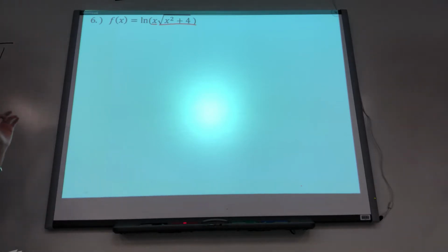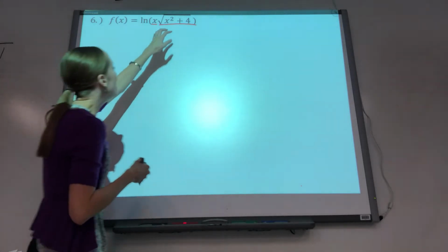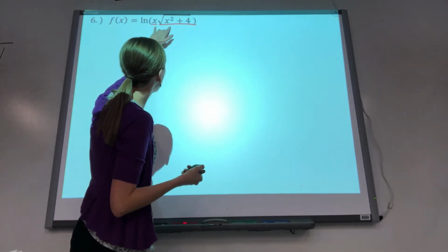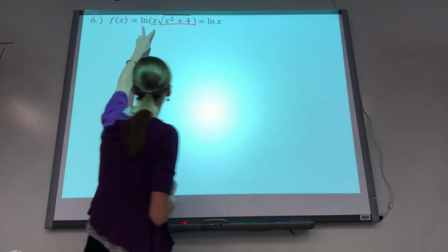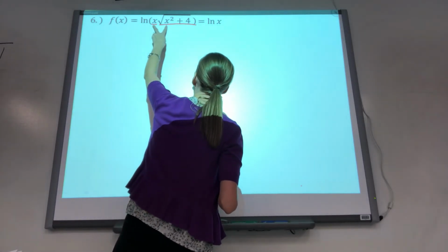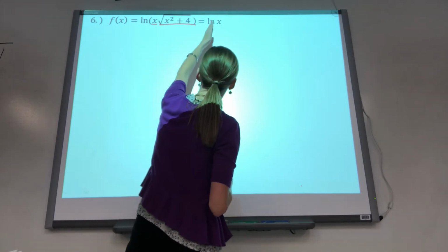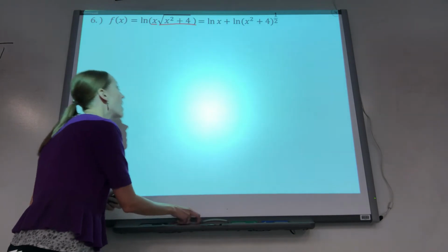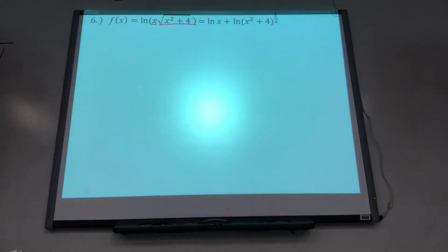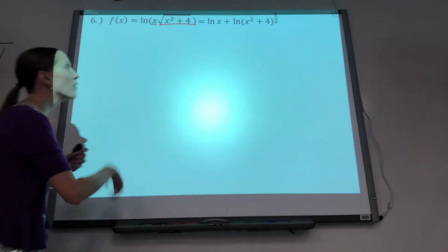Product property. Plus sign. We may have done it a little bit in chapter 2, but this is a lot of pre-calc right here. The natural log of a product would be the same as the natural log of x plus the natural log of x squared plus 4 to the 1/2.